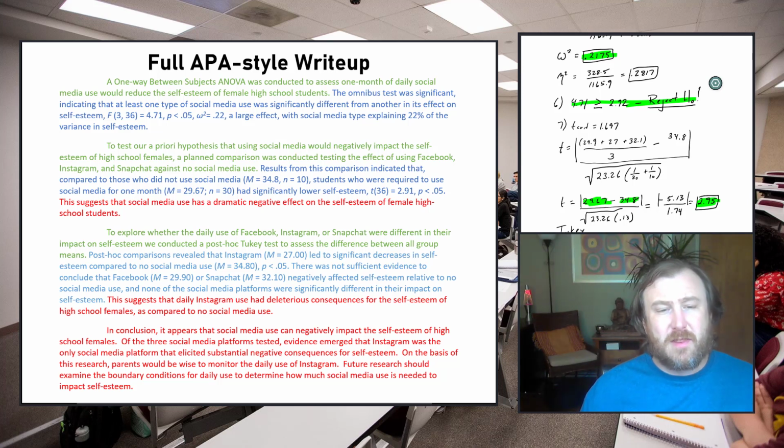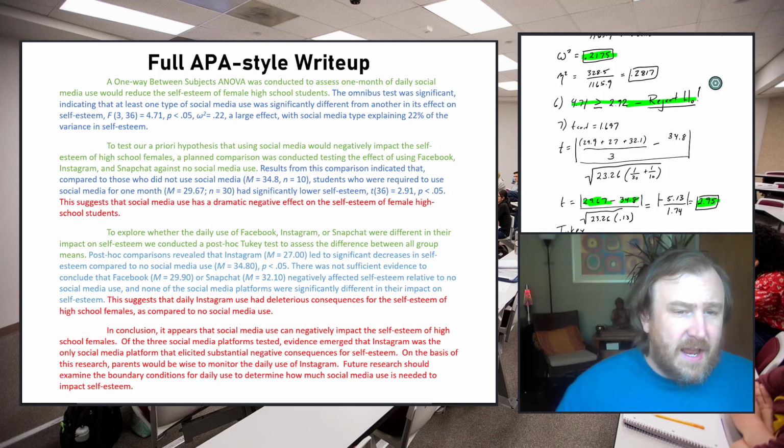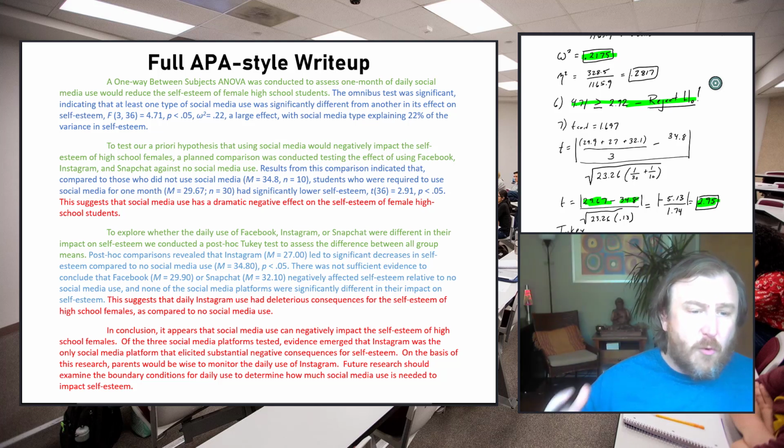For the most part, this is not the type of writing where you should be trying to express your creativity. This is quite a structured format of writing, and I encourage you to use this as a model should you have to write up the results of a one-way ANOVA for this class or for your subsequent research.